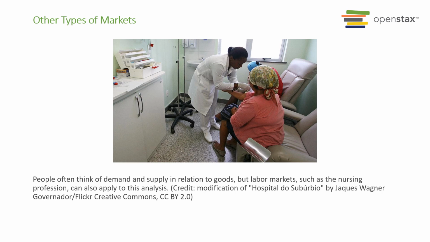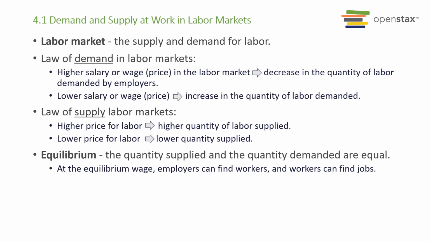But in the labor market, you're going to see the two roles switched. The households, the individuals, become the supply of labor, and the companies, the hospitals, become the demand for labor.